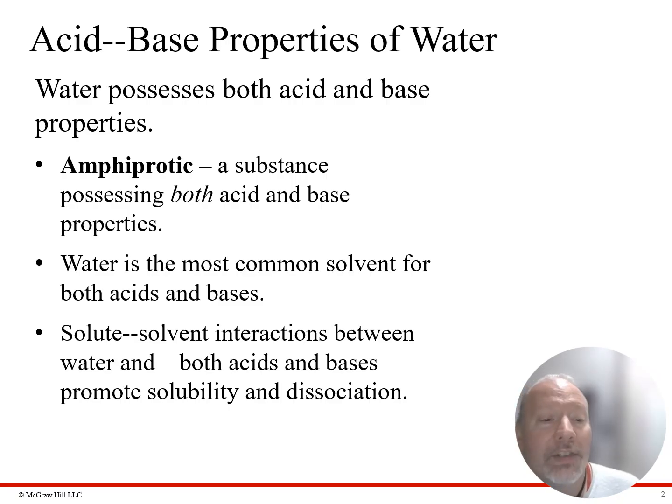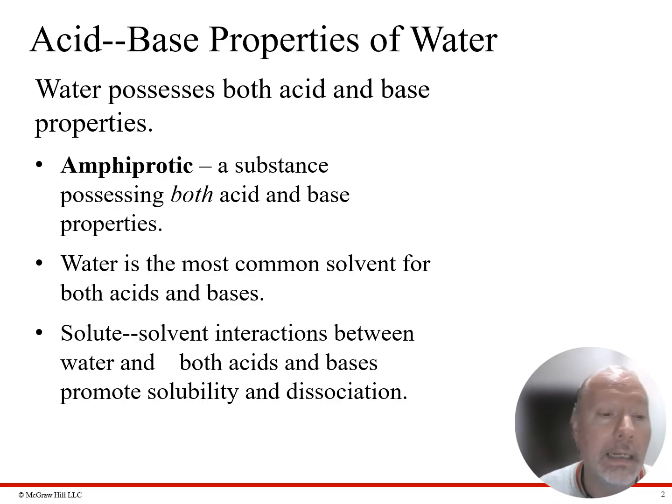Water is the most common solvent for acids and bases. It's usually what they are dissolved in. The solute-solvent interaction between water and both acids and bases matters. Acids and bases, of course, are soluble, especially mineral acids versus a large molecule like an organic acid.